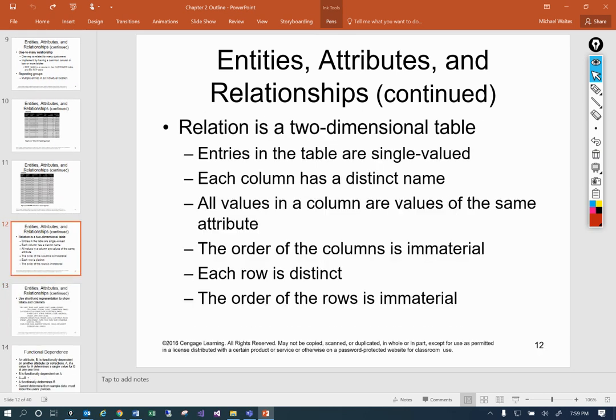The order of the rows is immaterial. That's the other thing people don't understand. So I want to take this moment to have a conversation about that. Typically, when we look at data, we will notice that it's in some sort of order, usually based on its primary key. But there's no guarantee of that. And in fact, the data behind the scenes may not even be stored that way. More than likely, it isn't stored that way.